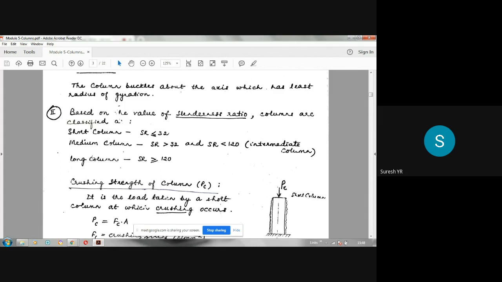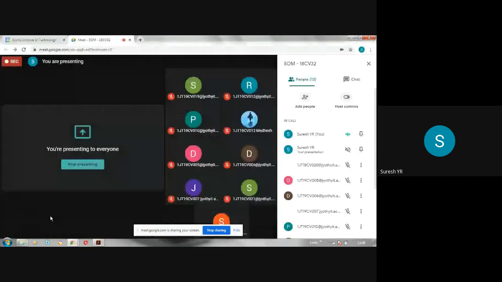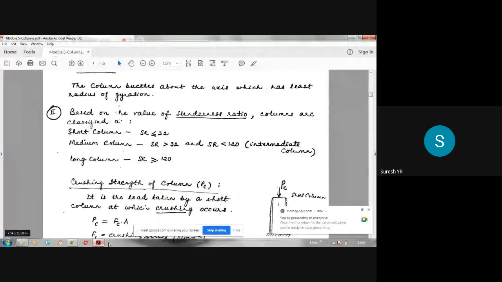If that value is more than or equal to 120, then it is called a long column. So you have to note these numbers: 32, 120, and in between 32 and 120. Based on slenderness ratio, columns are classified, and based on the L by D ratio also columns are classified as short, medium or intermediate, and long columns.